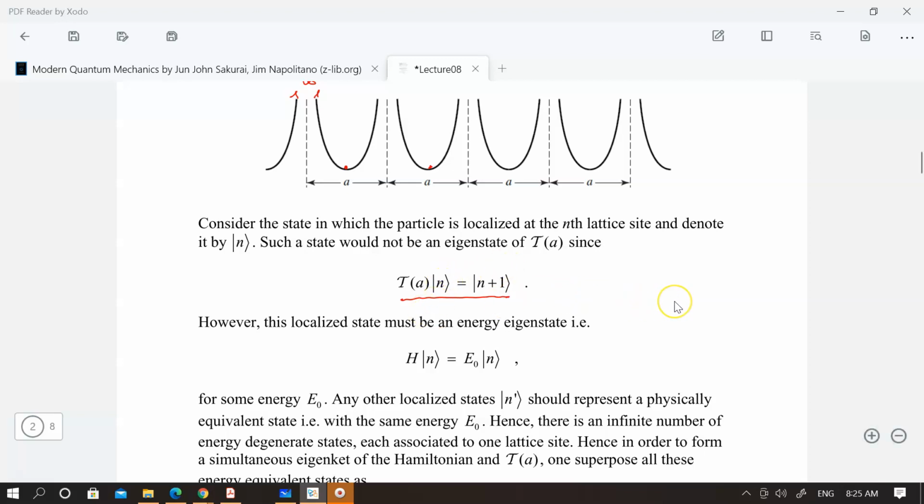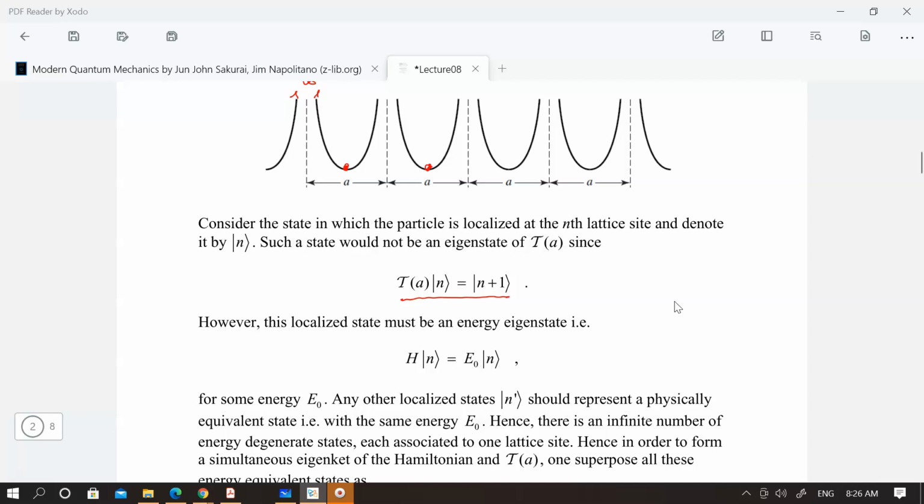Right. So what's going to happen in that case? I have a certain energy eigenstate, a localized state, which is not the translation operator eigenstate. But maybe the particle is localized here, maybe the particle can also be localized here. And remember that at each lattice site, the physical conditions are the same.